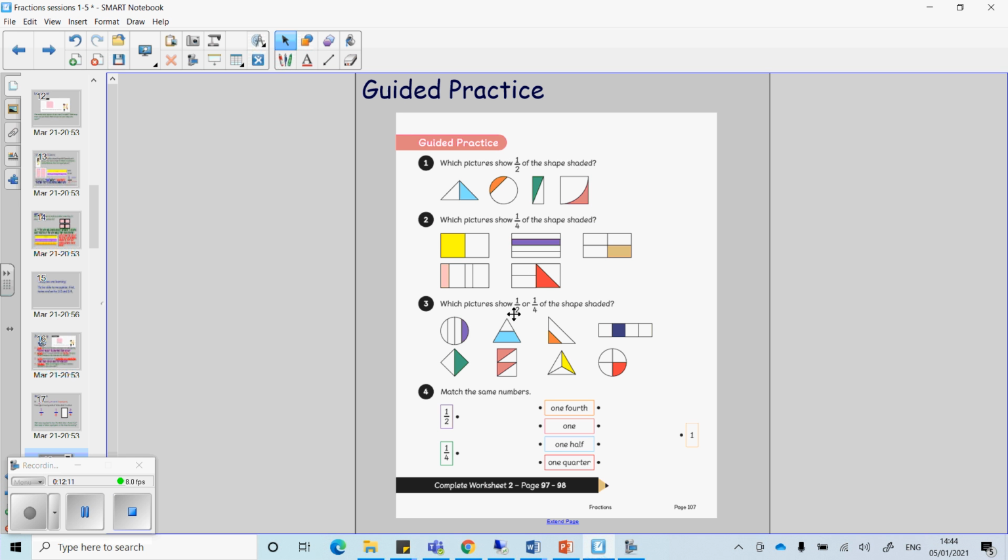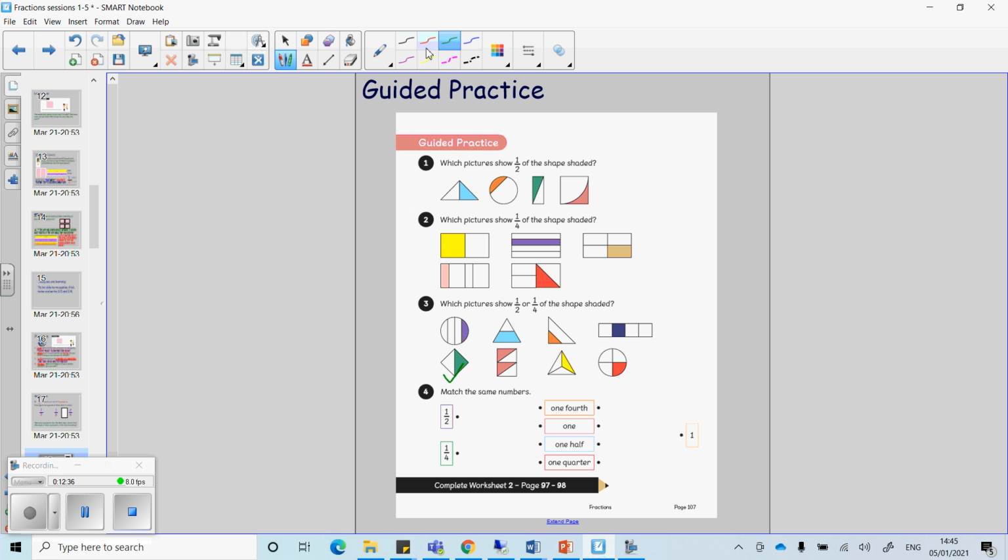Which picture shows 1/2 or 1/4 of the shape shaded? You should be getting good at this now, so I'm not going to talk through this one. I'm just going to put some ticks on the halves. I'll choose a different colour for quarters. This shows a half.